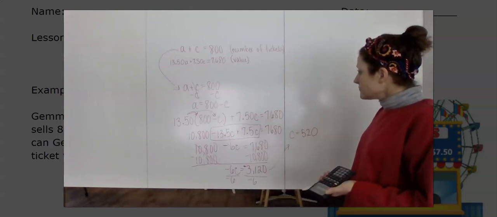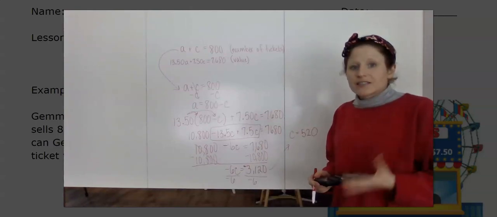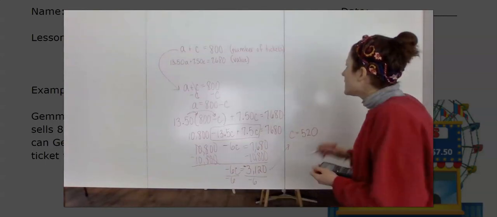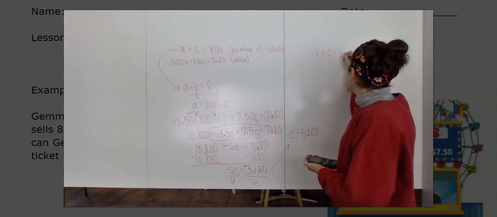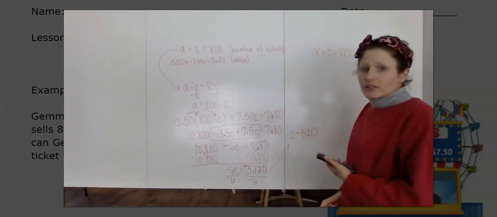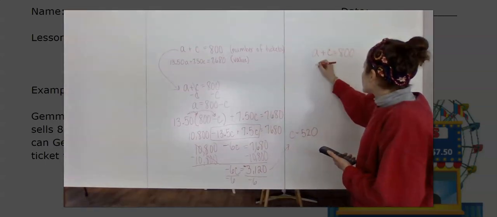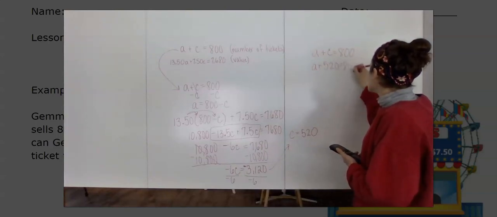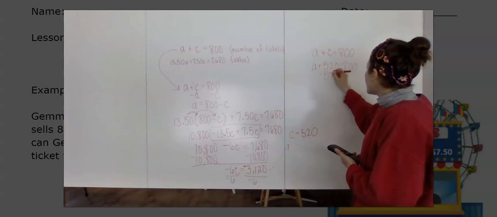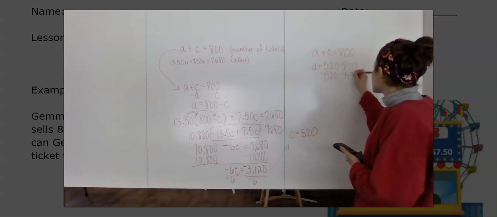Okay, now, when you plug it back in, it does not matter where you plug it back in. I'm going to choose this top one, A plus C equals 800, because that looks like it's going to be easier to use. So A plus 520 children's tickets equals 800. I need to subtract 520 from both sides.